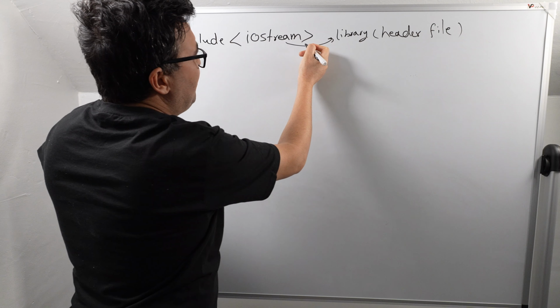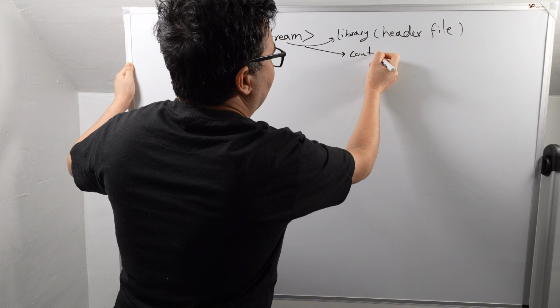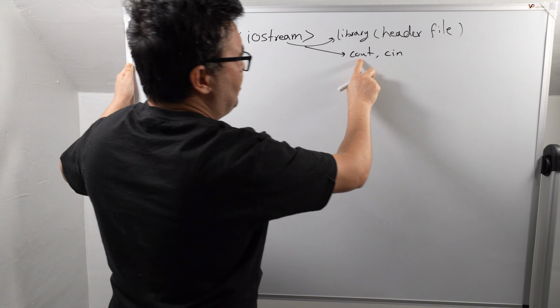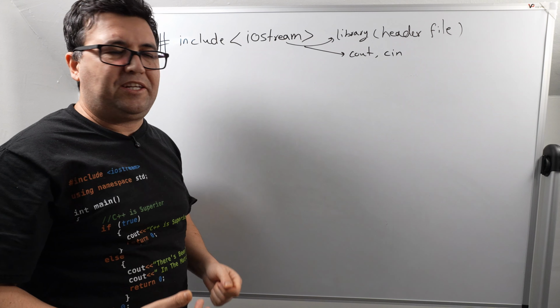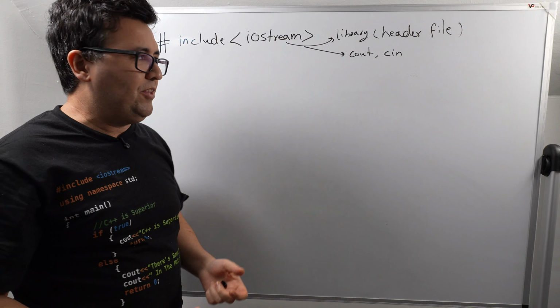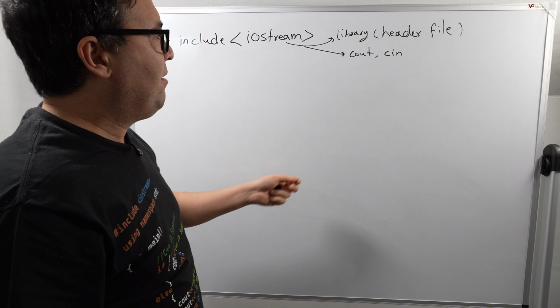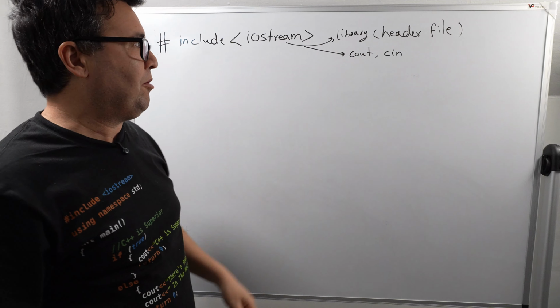Inside this library, we have some objects, some functions like cout, cin. cout is used when you want to print a text or the content of a variable or a number on the screen. Anything you print on the screen, the cout object is responsible for that.